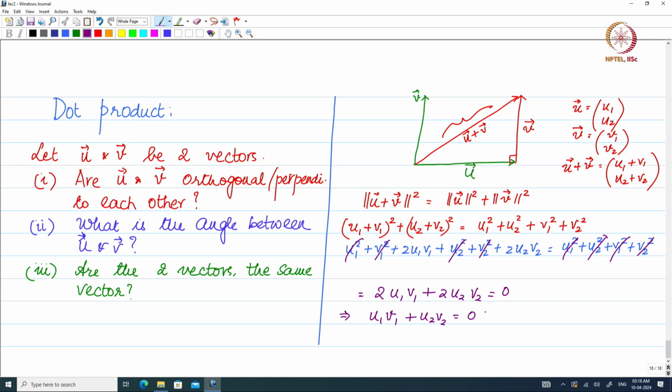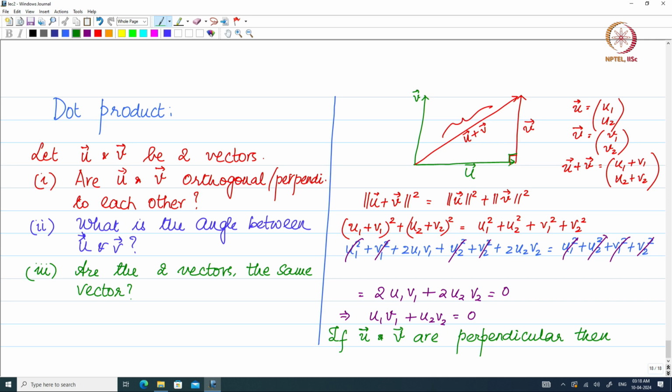So, what are we going to say? We are going to say that if u and v are perpendicular, then the sum of products of their components, the component wise products, is equal to 0.